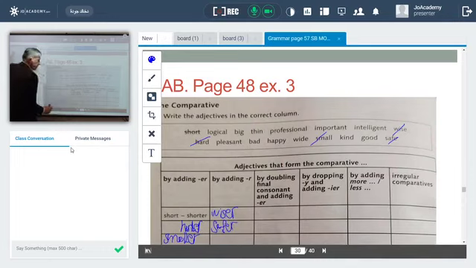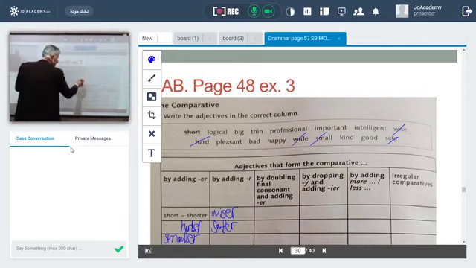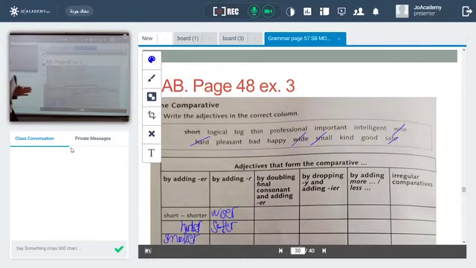Then also we have what? Wide. Wide, عريض, wider, أعرض. Good. So wise, safe, and wide. These adjectives, they end with E. So we add R to the end of these adjectives.